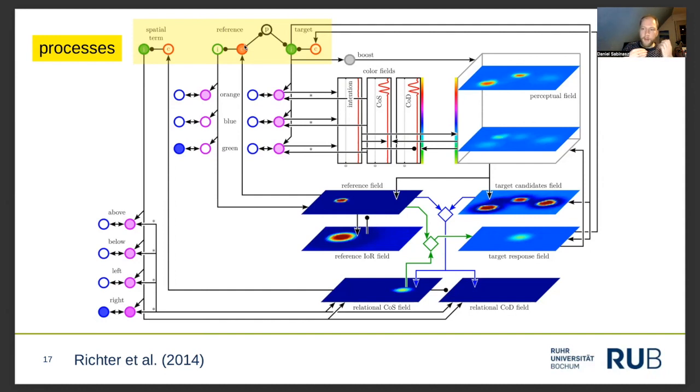under certain conditions, that intention is satisfied, and if these conditions hold, the condition of satisfaction node is activated, which then causes the process to finish. So the condition of satisfaction node inhibits the intention node and thereby deactivates the process, right?